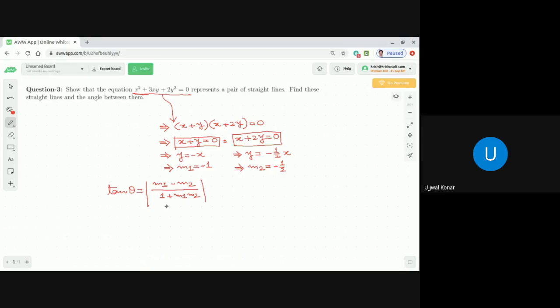Applying that, tan theta is equal to mod of m1 minus m2, where m1 is minus 1 and m2 is minus half, so minus 1 minus of minus half is actually minus half in magnitude, divided by 1 plus m1 into m2, that is 1 by 2.